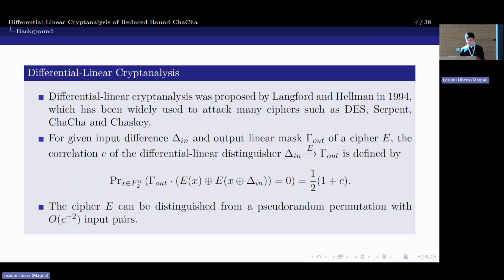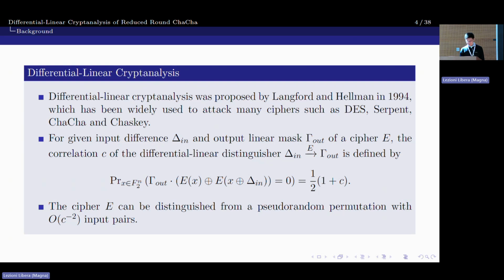Differential-linear cryptanalysis was proposed by Langford and Hellman in 1994, and has been widely used to attack many ciphers. For a given input difference Δin and output linear mask Γout of a cipher E, the correlation C of the differential-linear distinguisher is defined by this formula.